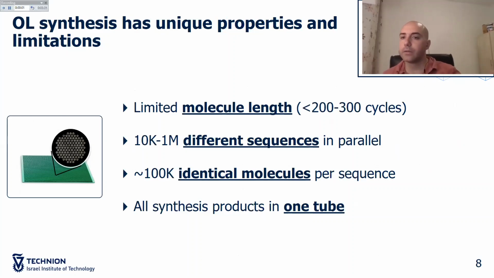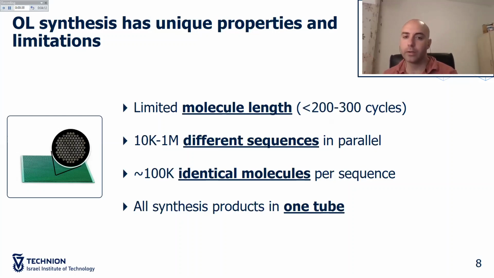Since this is an iterative process, there is an accumulating error that limits the number of cycles we can do. The technology today is limited to somewhere between 200 and 300 bases, or cycles in this case. As we saw, this is a very high throughput technology, so you can synthesize in parallel multiple different sequences, somewhere between 1,000 or 10,000 to 1 million different sequences in one run of the machine.